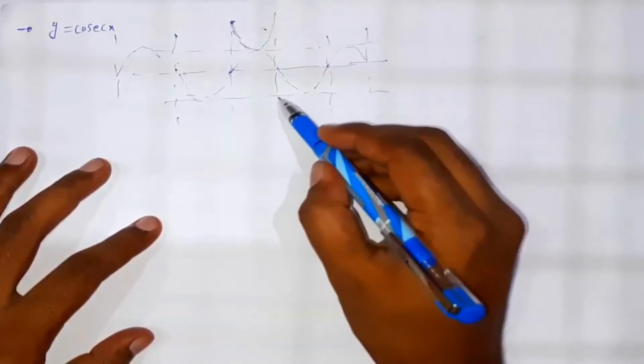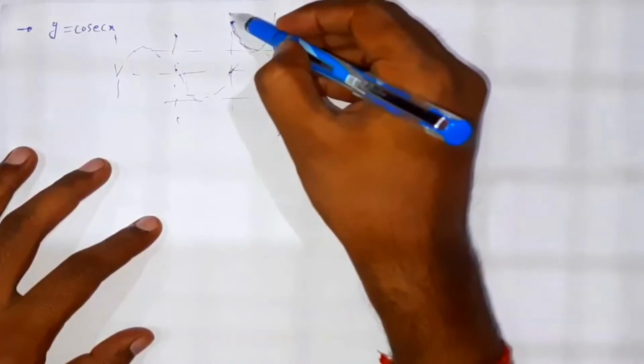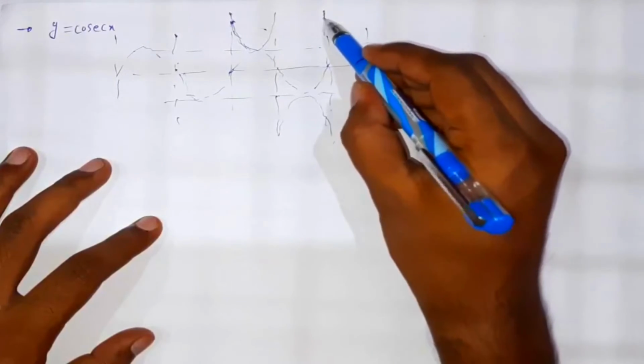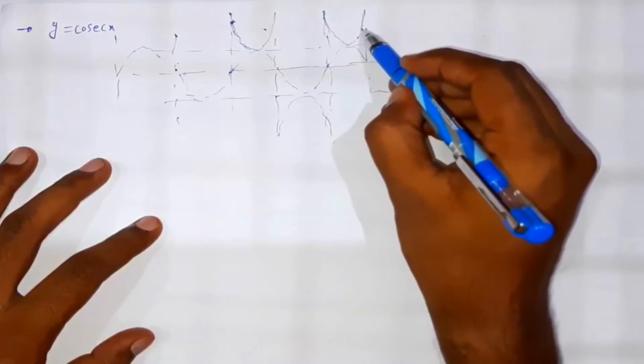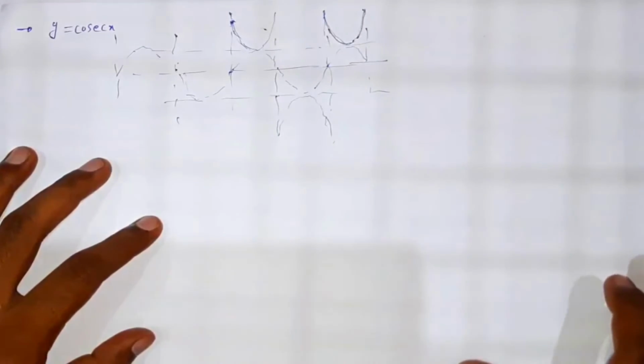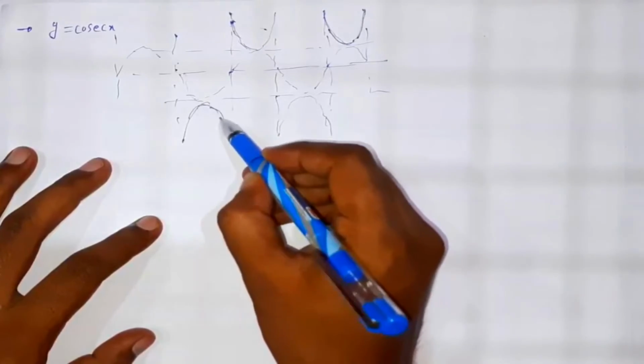This will be like this. This is going to minus infinity, this is going to plus infinity. Don't confuse that this is going to some kind of definite values. So these are the graphs of cosec of x.